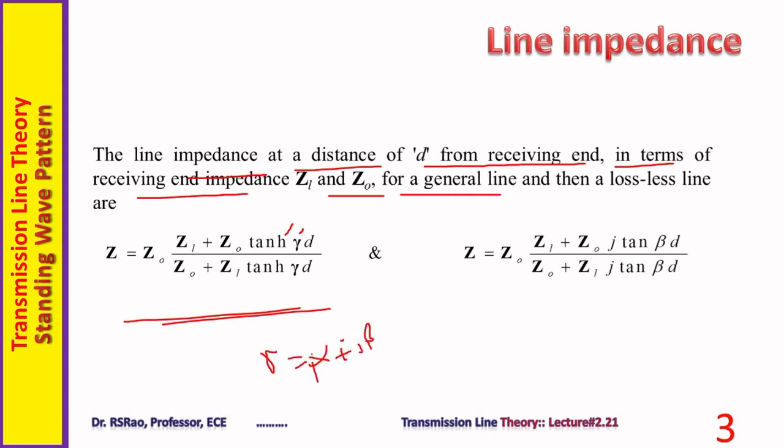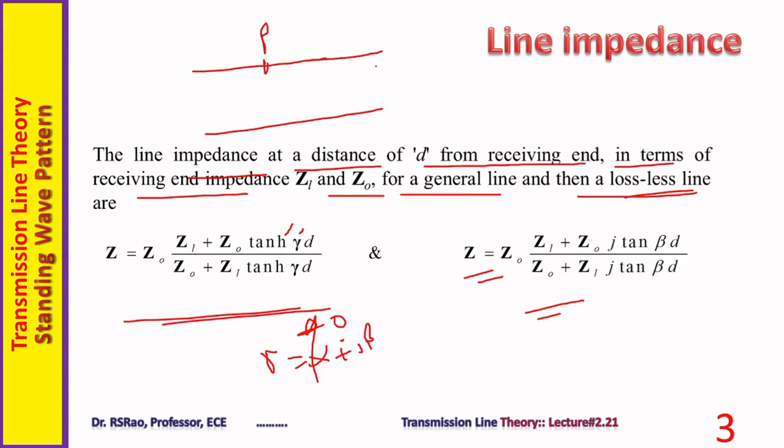For a lossless line, alpha tends to 0. So in case of a lossless line, impedance becomes Z0 times ZL plus j Z0 tan beta d, divided by Z0 plus j ZL tan beta d. This formula is for impedance at a point over the line which is at a distance of d from the receiving end or load end. So impedance at a point P, line impedance, is given by these formulas.